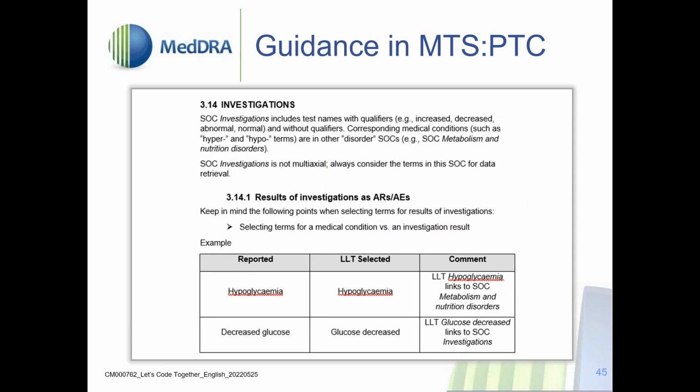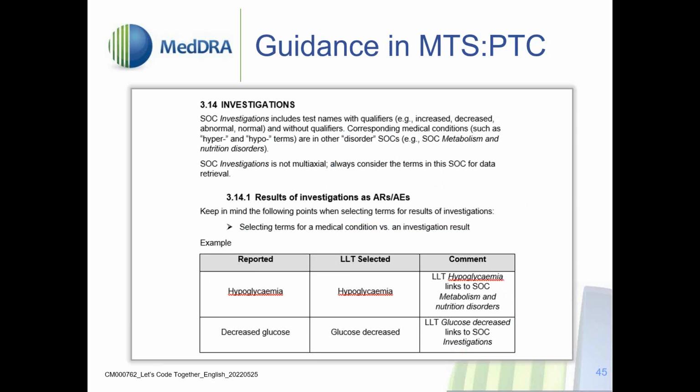In terms of investigations, I gave you the option at the beginning that maybe it's a renal function test term. But if you do have the results of investigations and they're clearly a test, for example increased, decreased, abnormal or normal, that's not what we've been told. We haven't been told that the function is abnormal for that kidney.